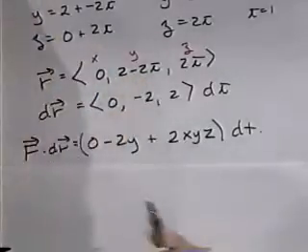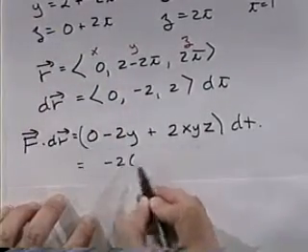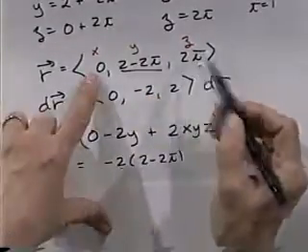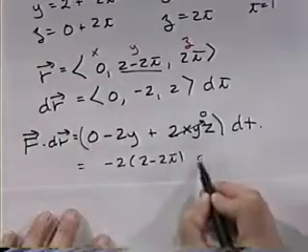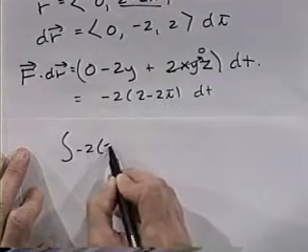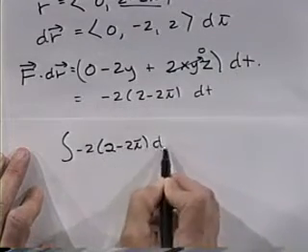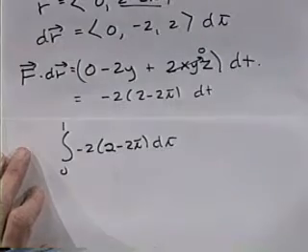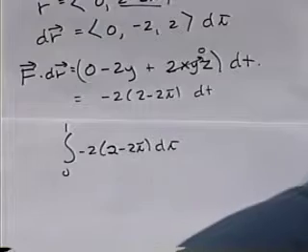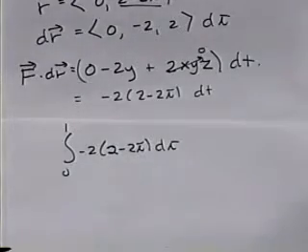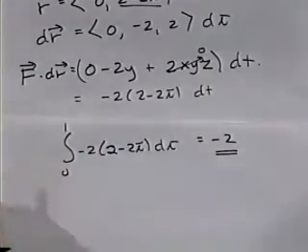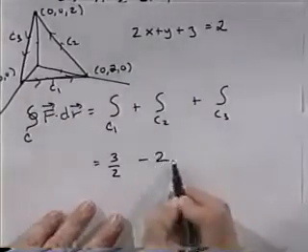So y is 2 minus 2t, so I have a negative 2 times 2 minus 2t. I'm putting that in for y. But since x is 0, thankfully that whole last thing is 0. So we're just integrating minus 2 times 2 minus 2t dt as t goes from 0 to 1. I did do that earlier, so I don't think you need to sit there and watch me integrate. I got a negative 2. And so this piece right here is minus 2.